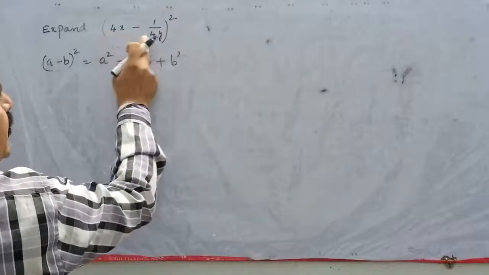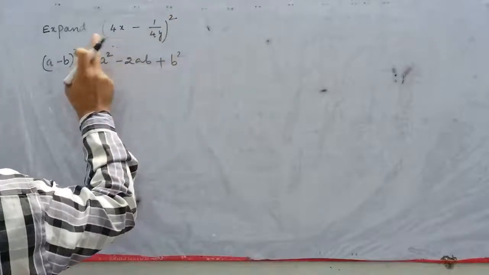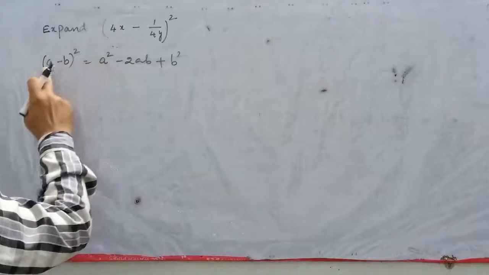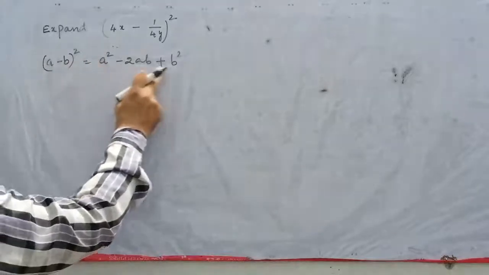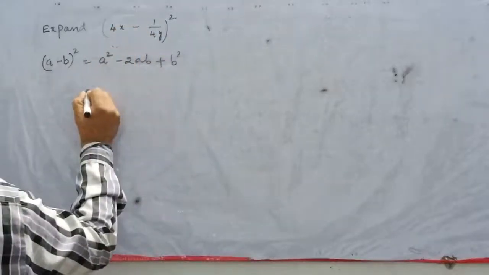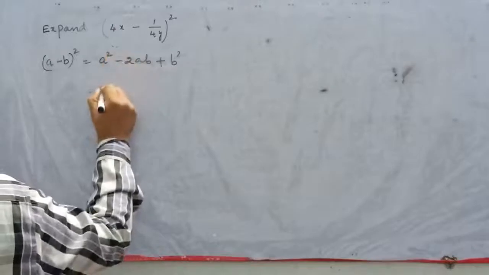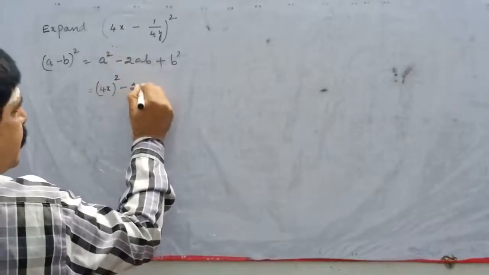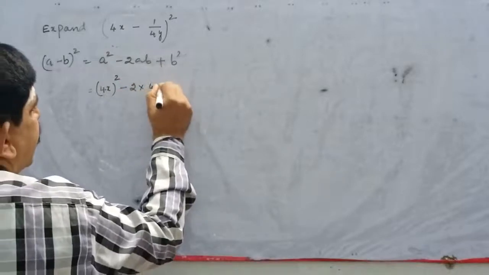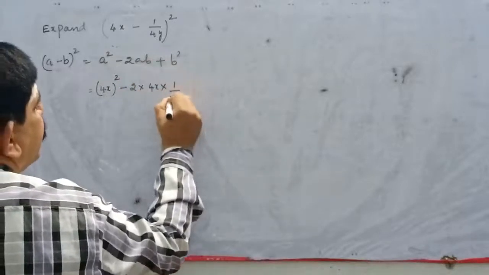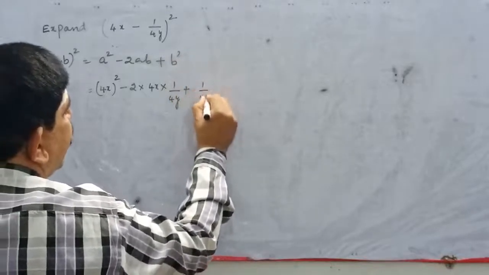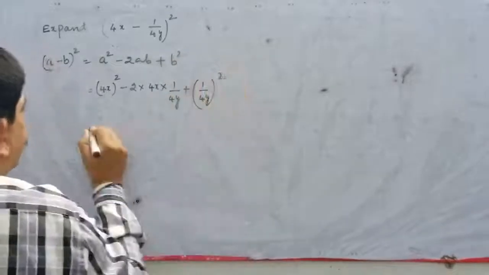This is in the form of (a minus b) whole square, which is a square minus 2ab plus b square. Substitute the values. Now a square, (4x) whole square, minus 2 into a, 4x, into b, 1 by 4y, plus b square, (1 by 4y) whole square.